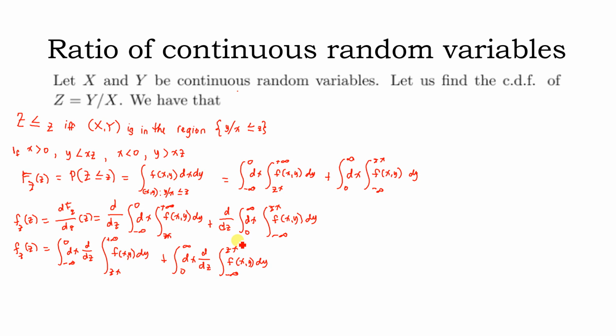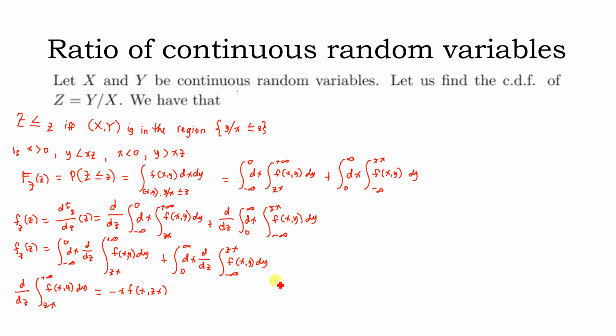So in this case, by the fundamental theorem of calculus and by the chain rule of differentiation, we could have d over dz times the integral of the function f of xy dy from zx to positive infinity is equal to negative x f of x, zx.